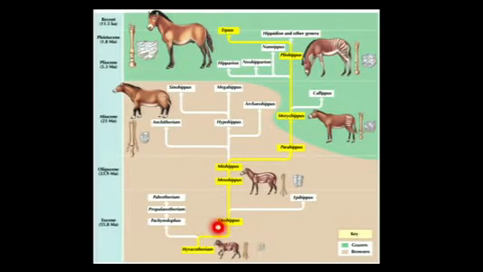You go from your dawn horse, following one track line to the modern horse, and create one linear narrative about all this complex evolution and all these failed pathways, if you want to consider them that.